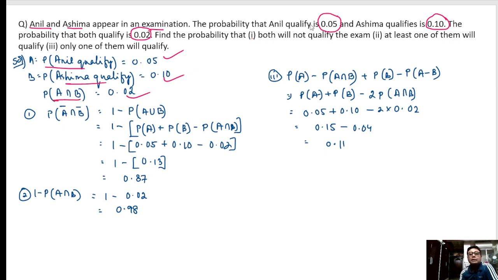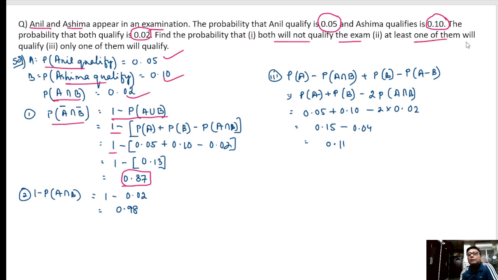They are asking both will not qualify the exam. That means first find out both will qualify. This is both qualifying the exam. Okay. Now I want both will not qualify. So this is what I have to find. So 1 minus P A union B. This is the answer.